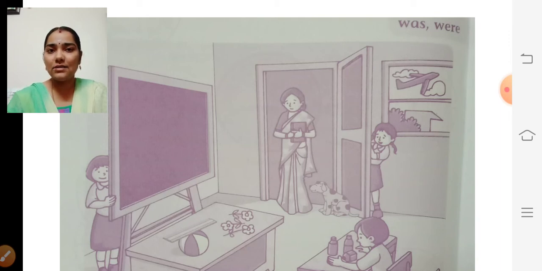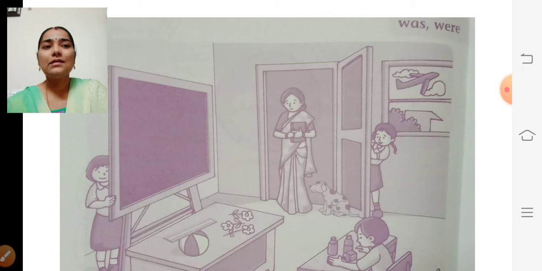So see the picture and we are going to answer some questions in past tense, because these activities happened yesterday. If it is singular, we use the verb was. If it is plural, then we use the verb were.